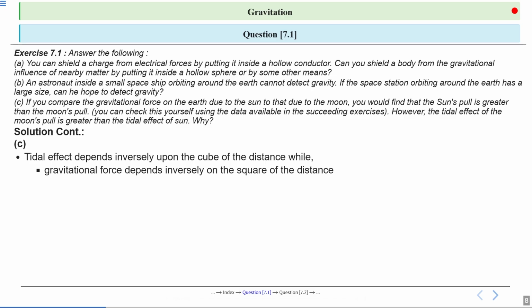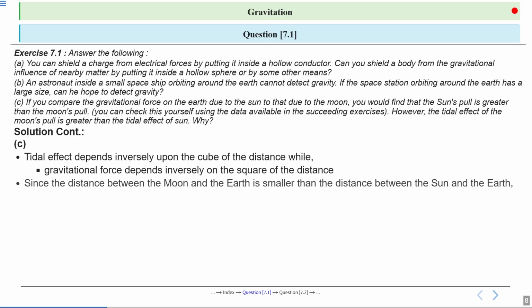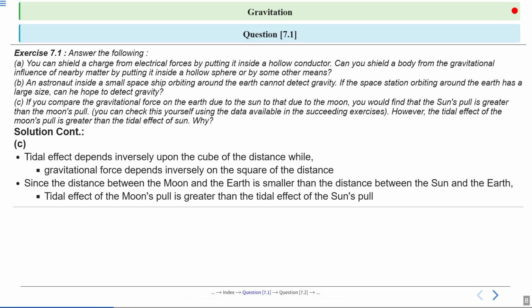This means that as distance increases, the gravitational pull weakens significantly. Since the distance between the Moon and the Earth is smaller than the distance between the Sun and the Earth, the tidal effect of the Moon's pull is greater than the tidal effect of the Sun's pull.